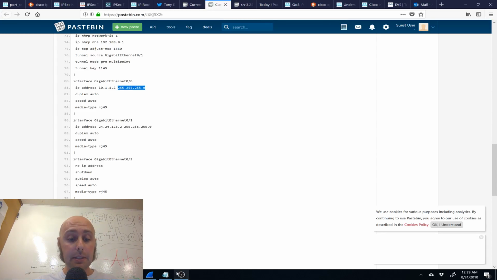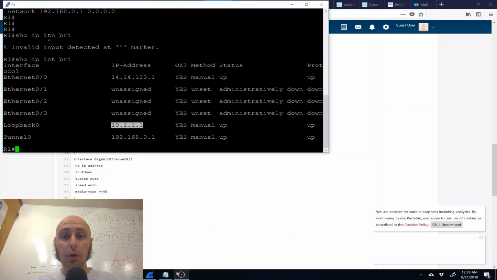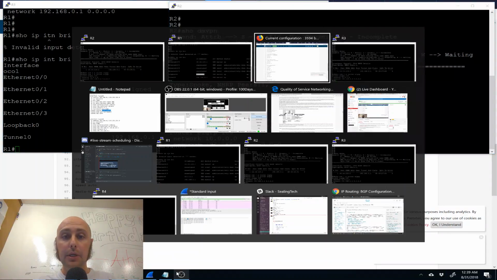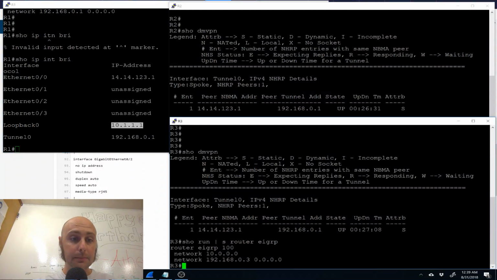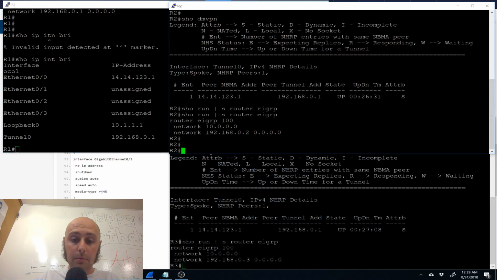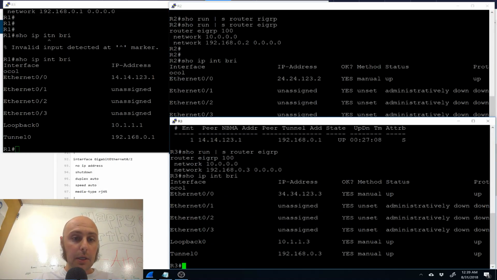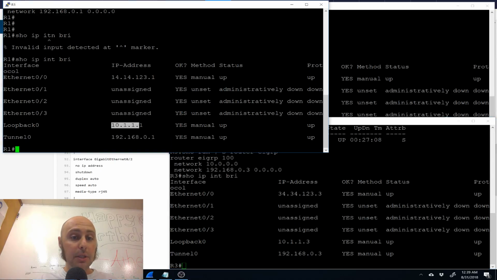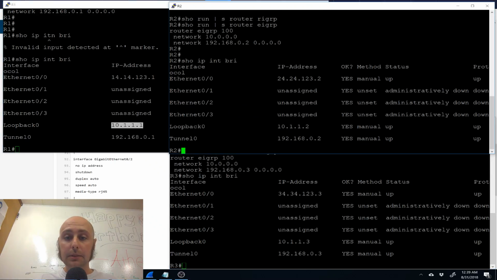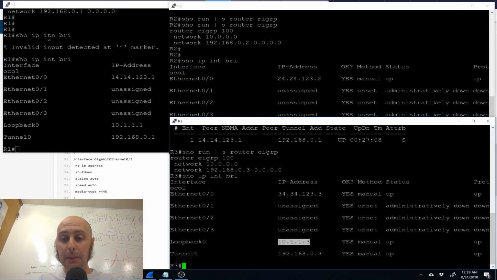What's happening here is router 1, router 2, and router 3, show IP interface brief, each have an interface. In this case, for me, it's a loopback, which is 10.1.1.1, 10.1.1.2, and 10.1.1.3.